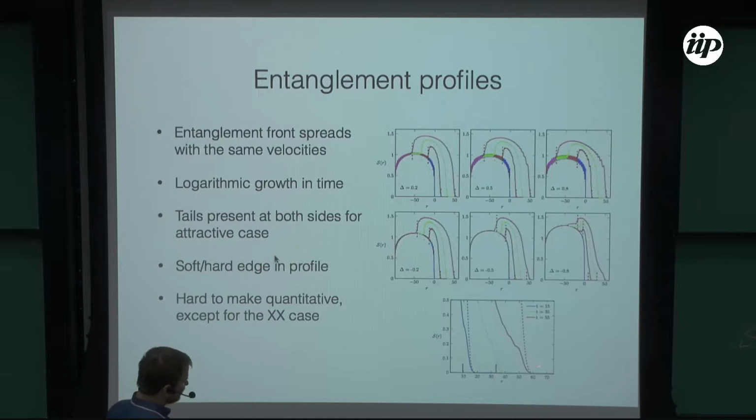Now we compare the entanglement profiles for, I think, plus and minus 0.8, the delta, and you can see that for the plus 0.8, the profile in the entanglement is much sharper. Somehow you have a soft versus a hard edge in the entanglement. So these tail effects are also present there. Okay.